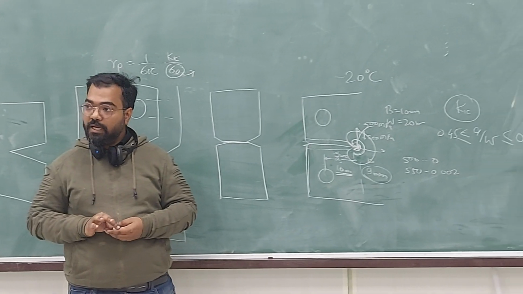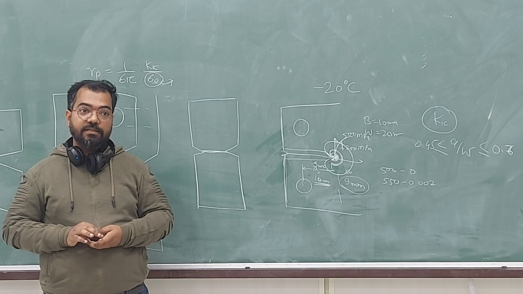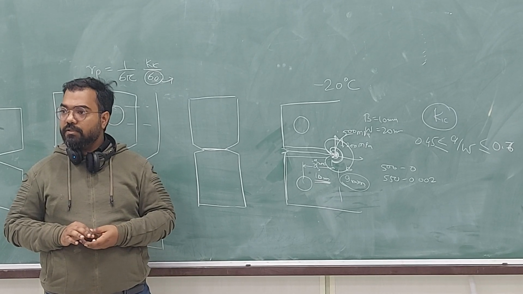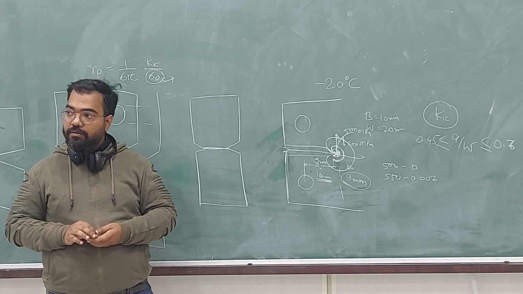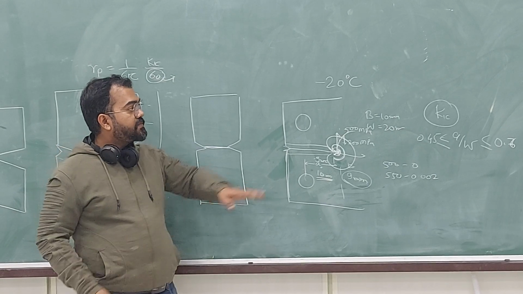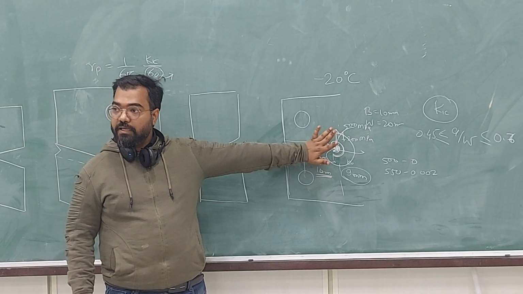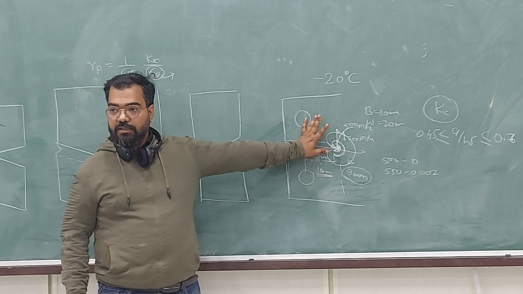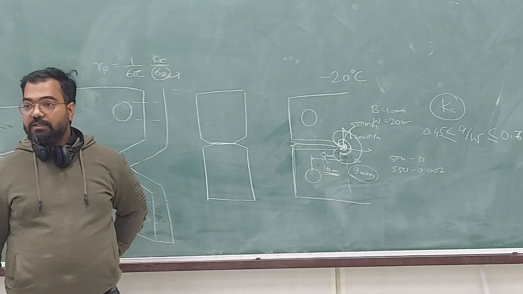In order to ensure that, you must do fatigue pre-cracking at forces or stresses much lower than the yield strength of the monotonic condition. So if the yield strength of the material is 500 megapascal, you should never go to 500 megapascal to do fatigue pre-cracking. You should go to 200 max. There is a formula for that in the standard, for how large you can go, and initially this formula was stress based.